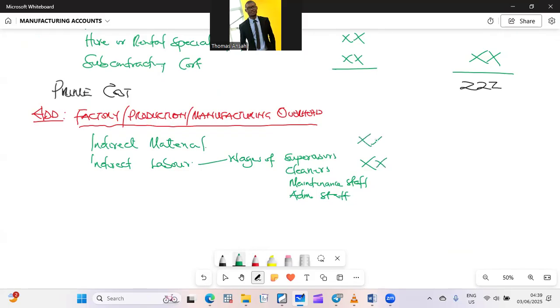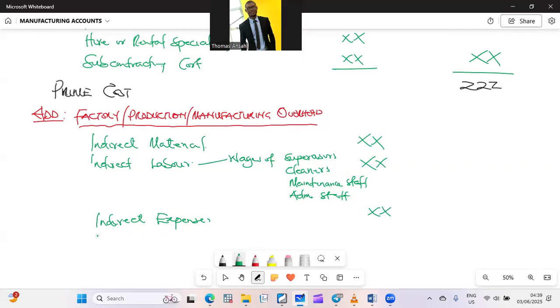So this is for direct materials. Then what is left is your indirect expenses. Is that not it? Indirect expenses? So any form of indirect expenses, you will add the indirect expenses. And so here, to make sure you understand, if there is any accrual or prepayment, you must know what to do.